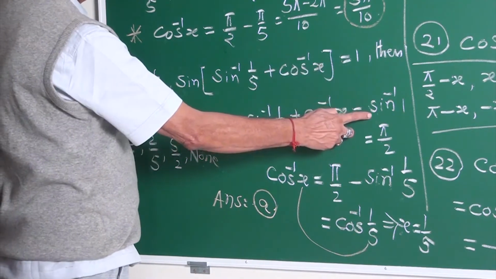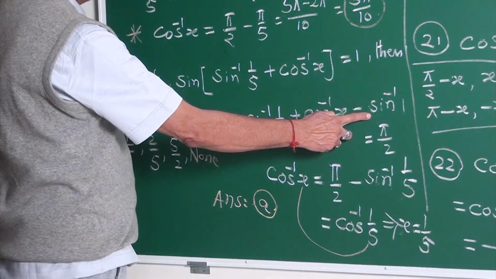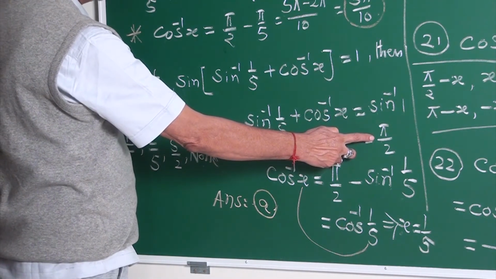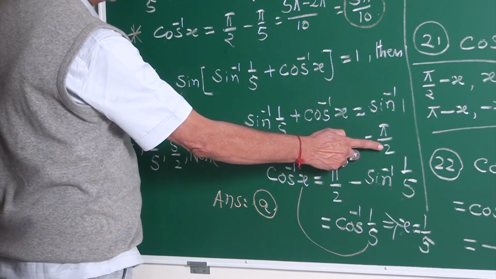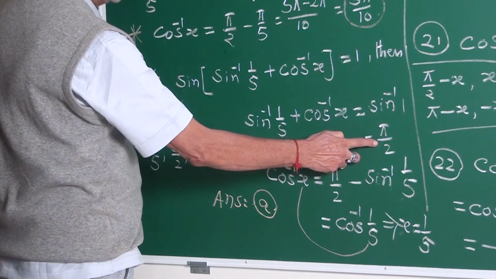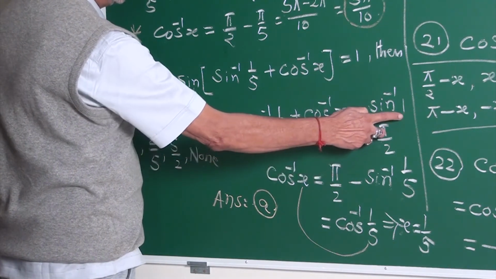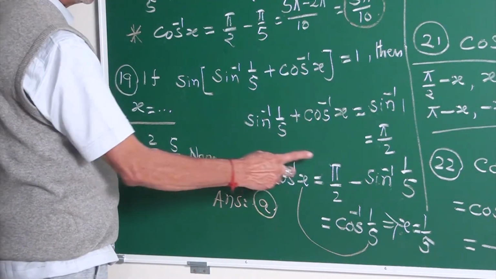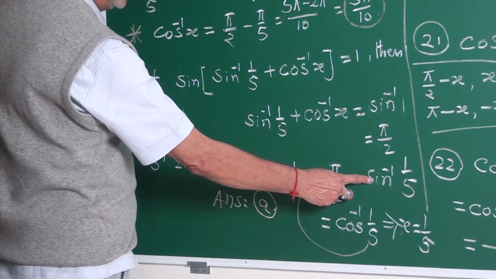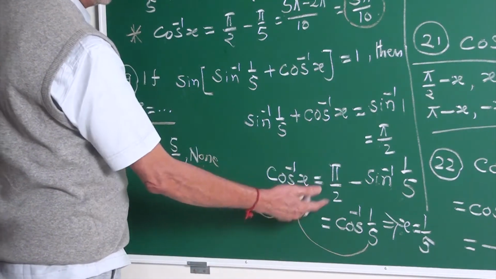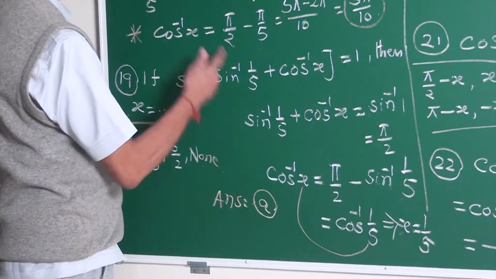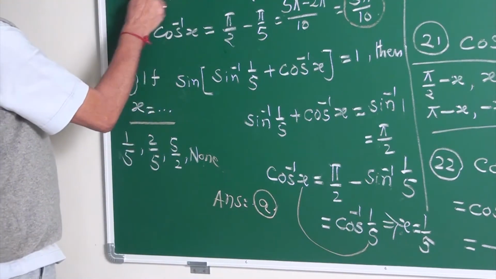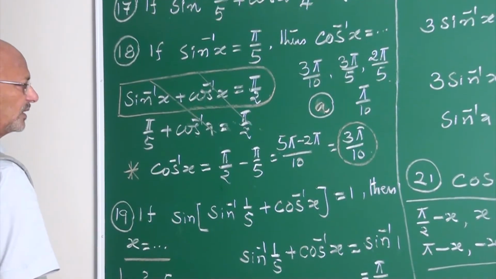Sine taking this side, sine inverse 1. The value of this sine inverse 1 is pi by 2. It is an angle whose sine is 1. Yes, we know sine pi by 2, sine 90 is 1. Then you wanted cos inverse x. Shift this side, pi by 2 minus sine inverse. See here itself, sine inverse x plus cos inverse x is pi by 2.